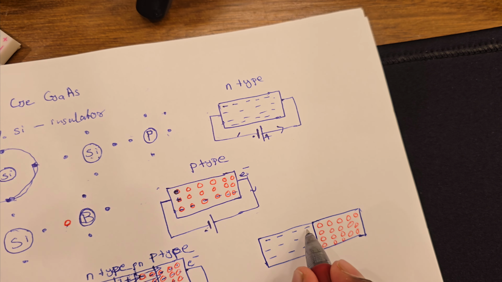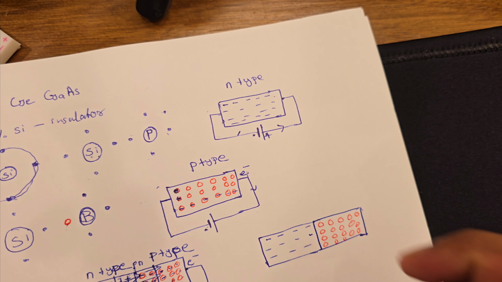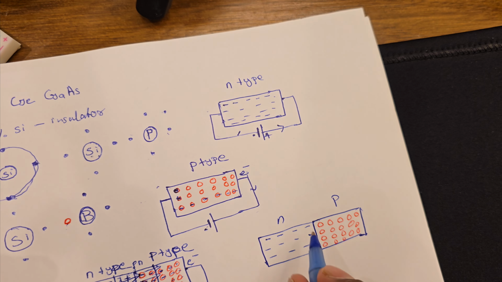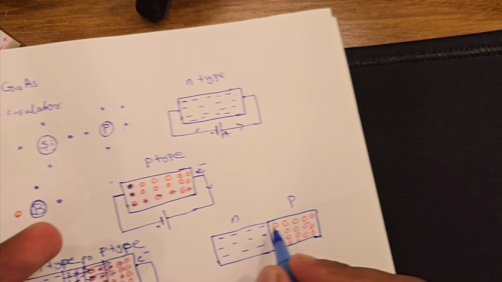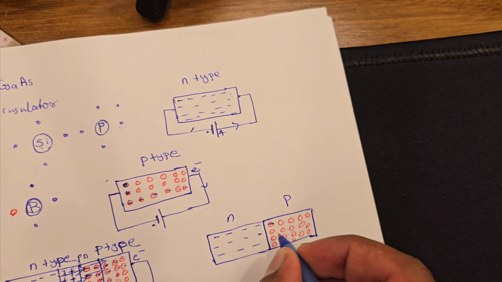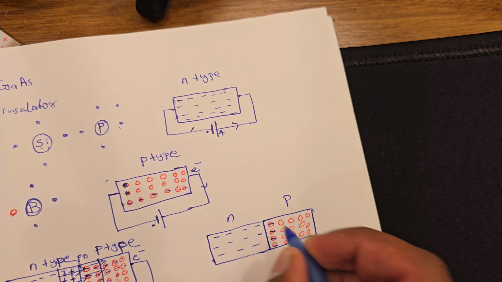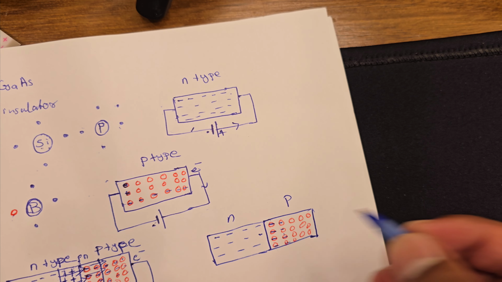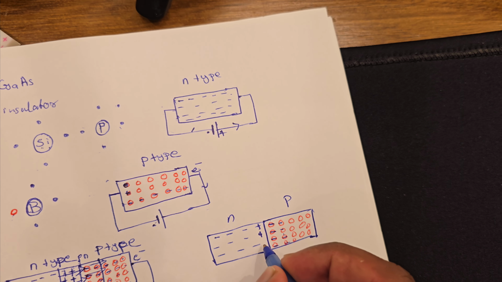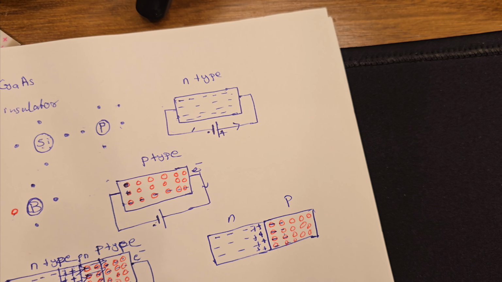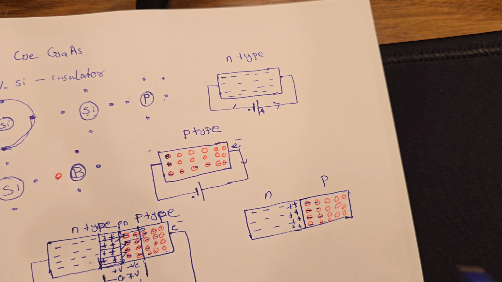So the free electrons from the n side go to the other side at the junction and jump to occupy the holes on the p side. So there will be negative charges on the p side, and all the atoms that lost their electrons at the n side gain a positive charge.